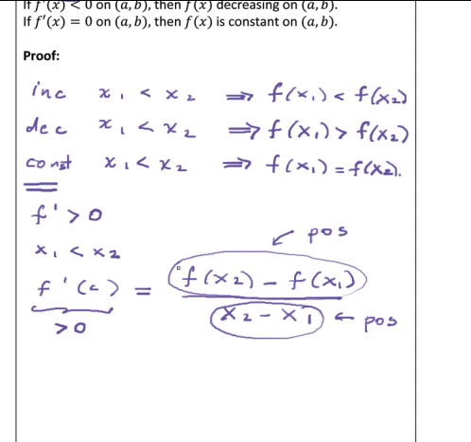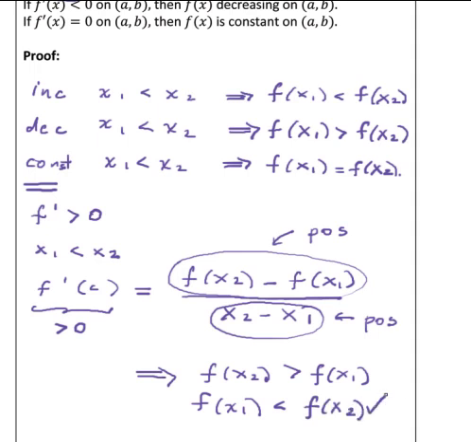If that's positive, then this value is bigger. So we conclude that f of x2 is greater than f of x1, or f of x1 is less than f of x2. The function's increasing, and that's what we wanted to show.